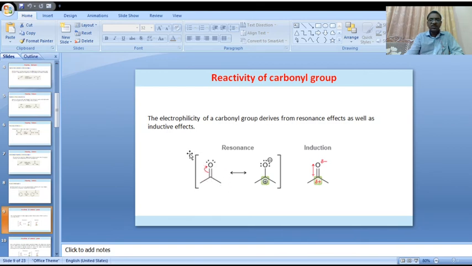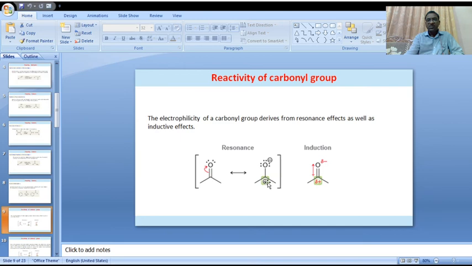In the carbonyl functional group, pi bond cleavage takes place. The pi bonded electrons are attracted by the highly electronegative atom oxygen. In that case, the oxygen atom gets a negative charge.